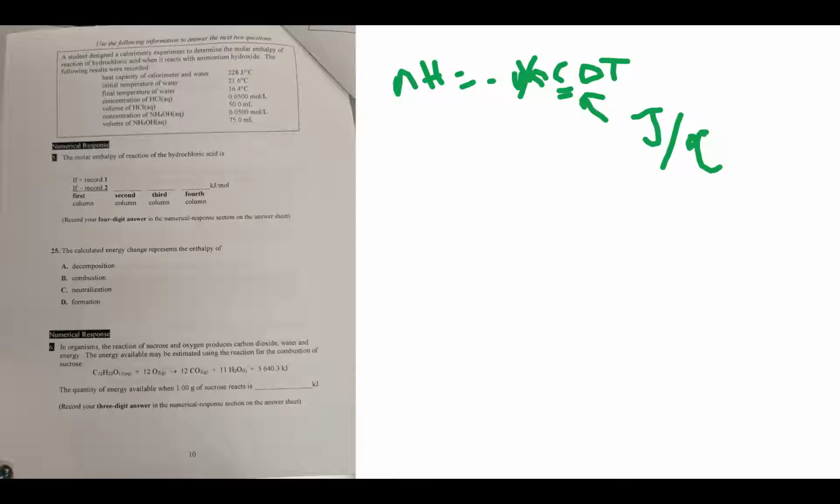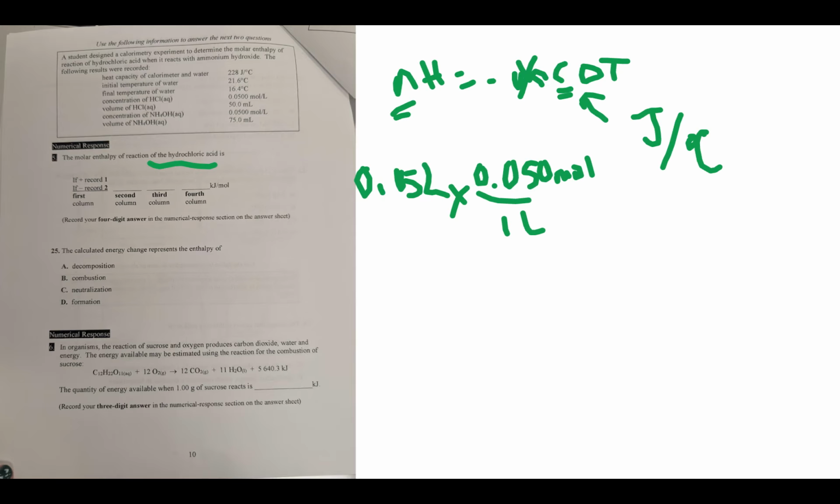So because it is asking molar enthalpy of the hydrochloric acid, we're still going to use the hydrochloric acid to get to moles. So starting with 0.05, we're going to turn our milliliters into liters. Multiply this by your concentration. So you get liters to cancel. We're solving for ΔH.